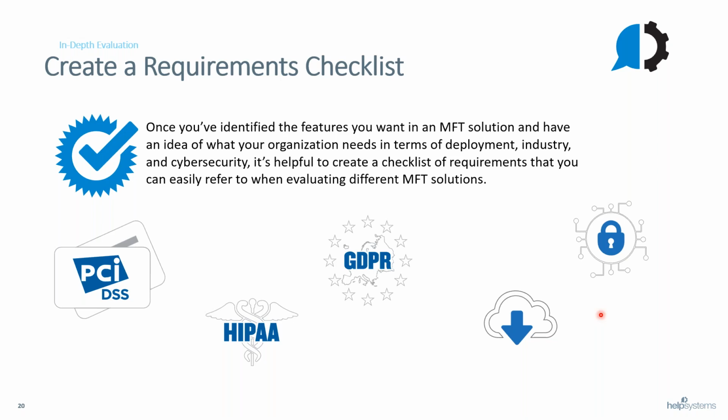Once you've identified the features that you want in an MFT solution, and you have an idea of what your organization is going to need in terms of deployment, it's helpful to create a checklist of requirements that you can easily refer to when evaluating the different MFT solutions. We've provided some sample questions here to help you get started.